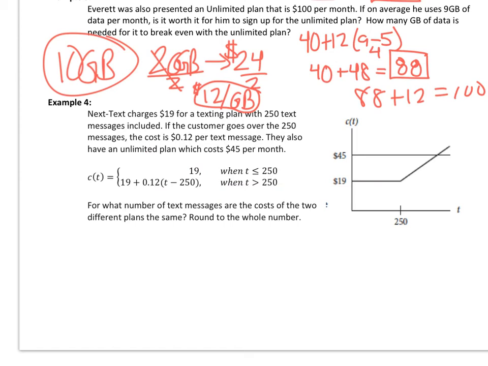So how do we know when they're going to be the same? Well, I know the unlimited is 45, and then this equation over here is 19 plus 0.12 times t minus 250.